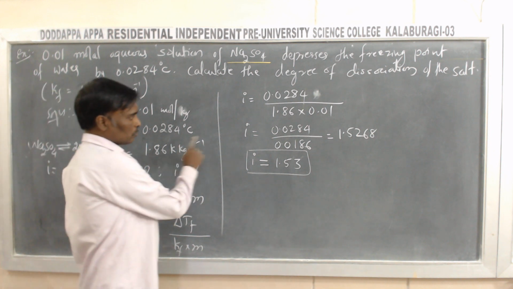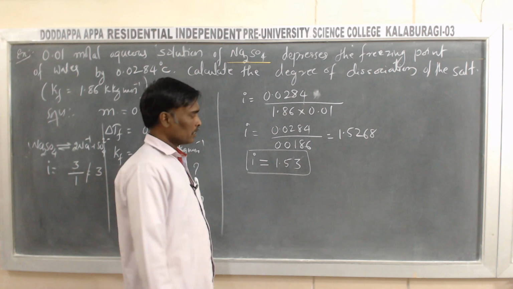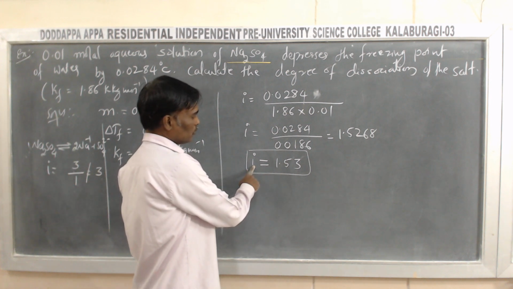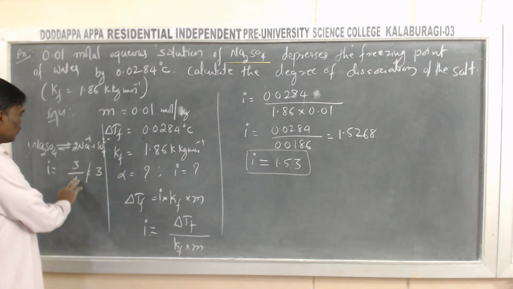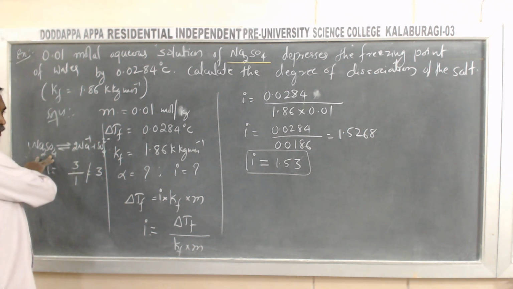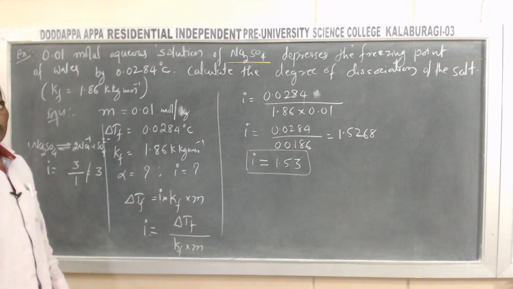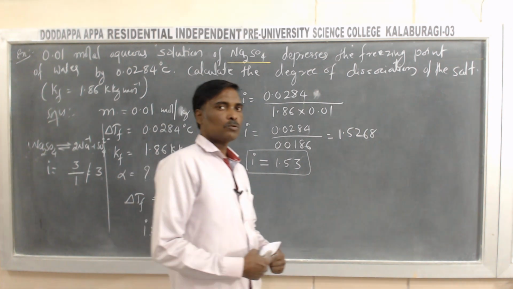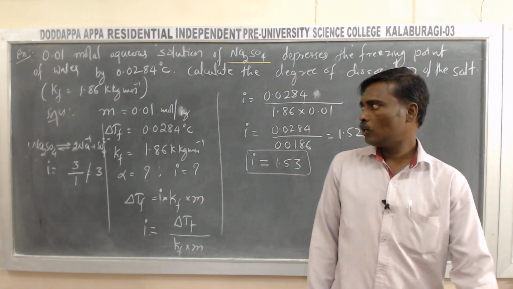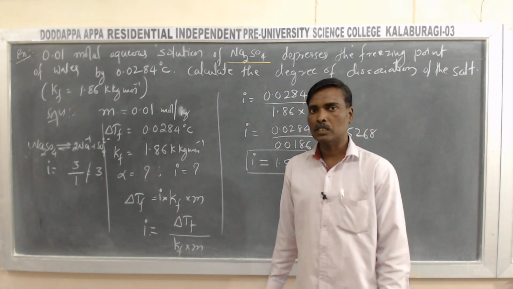By using this colligative property, we calculated and found that the i value is 1.53. It is nearly half of that. We took 1 mole, which means the dissociation of not completely 1 mole takes place. Only about half of the moles get dissociated, and the other half remains undissociated.